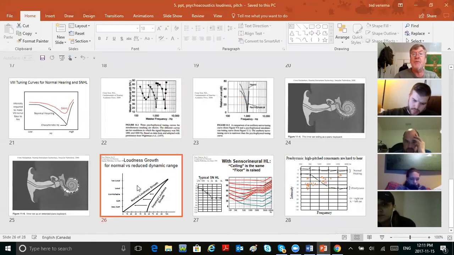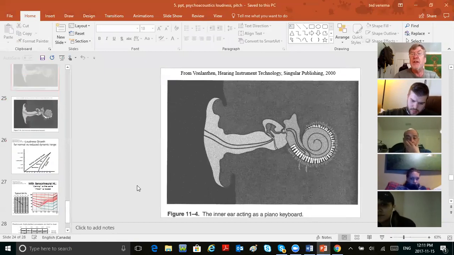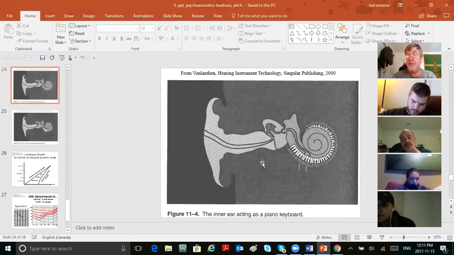Here we go. Oh, so here's a thing about frequency resolution. Here's an outer ear, middle ear, cochlea, like keys on a piano. This would be Helmholtz, the place theory. Specific frequencies represented in specific places. That's generally the most accepted theory.